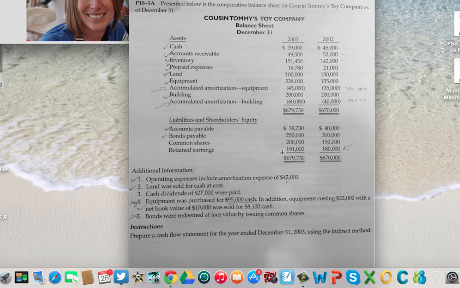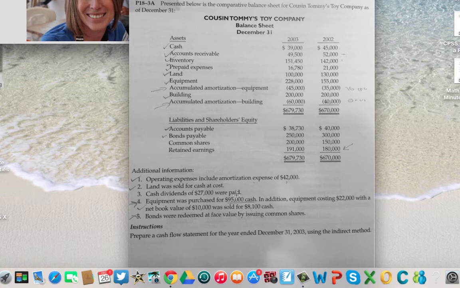The last item we have was retained earnings. And, of course, what we needed there was our net income and if there were any dividends. Any change in retained earnings is going to incorporate the net income or any dividends that are given out. Let's see, we've looked at this item. We got the amortization, we looked at this item, and we have not looked at number 3. Cash dividends of $27,000 were paid.